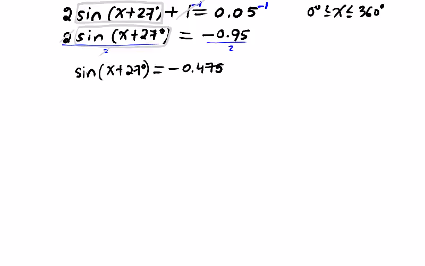So at this stage we can have a good look at the equation we have. We have y equals sine of (x plus 27 degrees) on the left hand side, and we have y equals negative 0.475 on the right hand side.